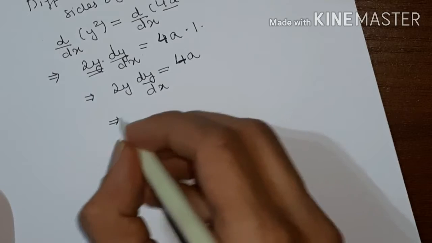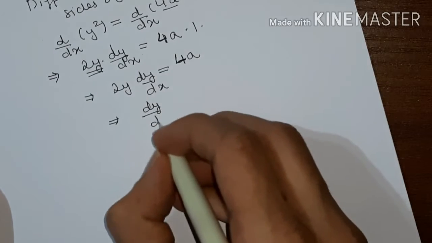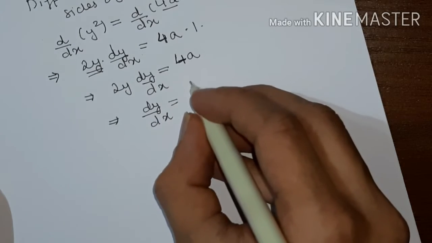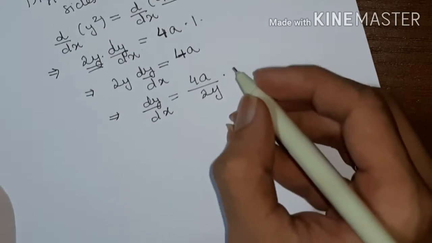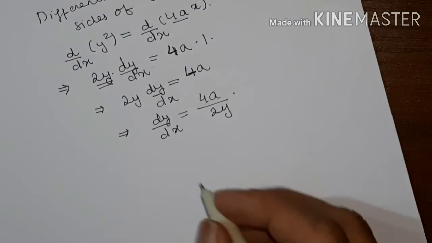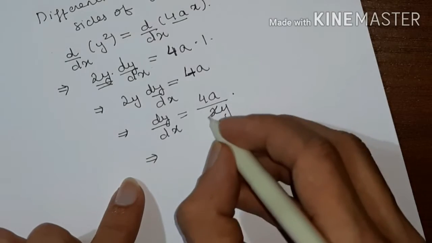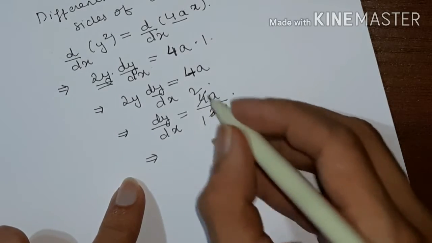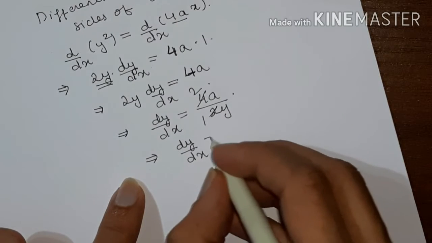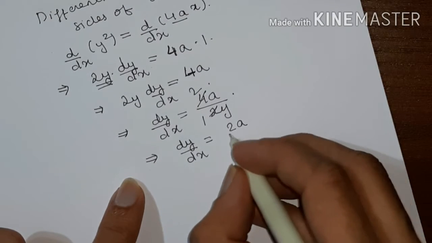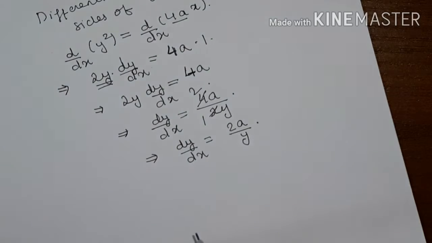Now if I find dy by dx from here, I'll get dy by dx equal to 4a divided by 2y. So 2 ones are 2, 2 twos are 4. So dy by dx is equal to 2a divided by y.